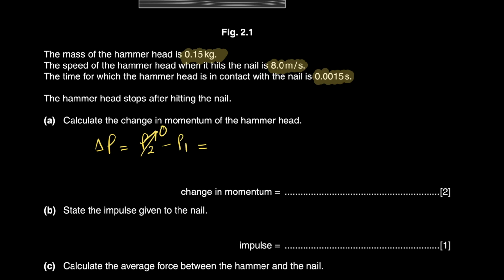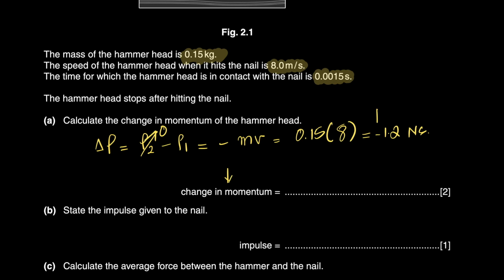You're left with initial momentum, which is negative mass times velocity. The mass is 0.15 times the velocity, which is 8. This is equal to 1.2 Newton seconds or kilograms meter per second, right? Sorry, negative, right? Now they're asking for the change in momentum.